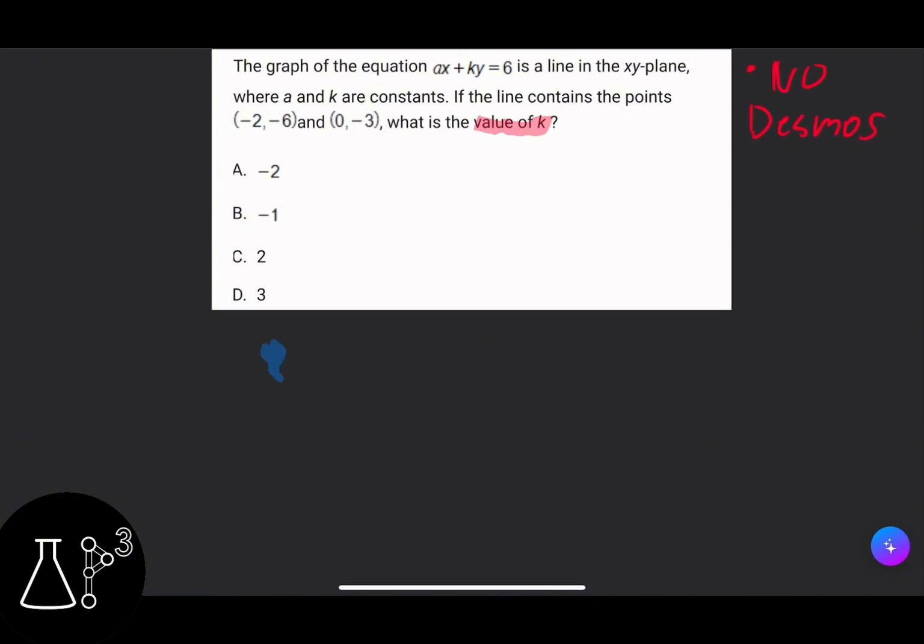It's in highlighting form, so I'm gonna write it in blue. So a multiplied by -2 plus k multiplied by -6, equals 6, and if we multiply everything, we get -2a minus 6k equals 6.